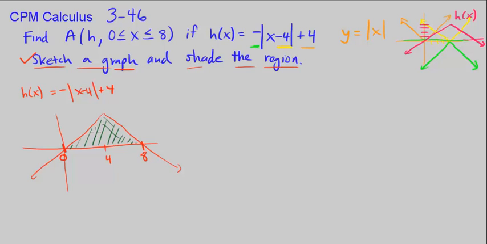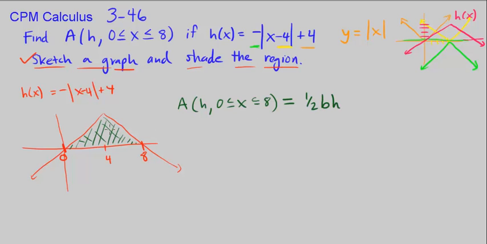So I can find the exact area of this by looking at the area of a triangle. So the area of h for 0 less than x less than 8, this area in green, is exactly equal to, not approximately, the base times height times 1/2.